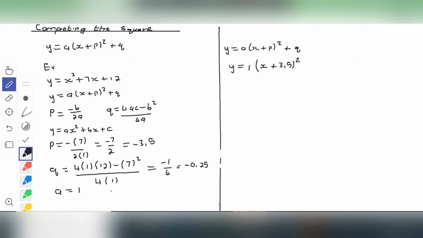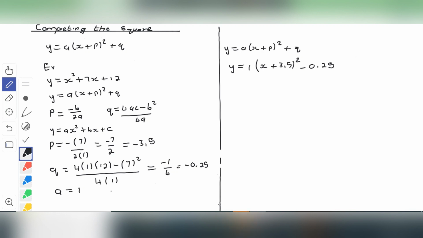If it was 3.5, we would say minus 3.5. So if it's negative, then when you plug it here, it has to change the sign, and if it's positive, it has to change to negative. What about q? q we take the way it is, with its sign, which is negative 0.25 here. Then we are done completing the square.